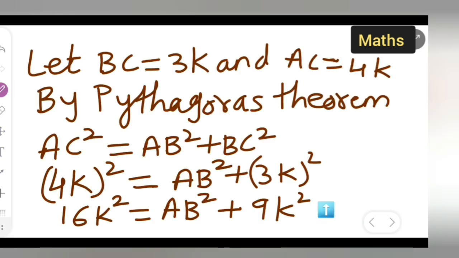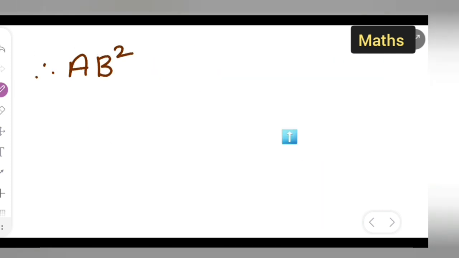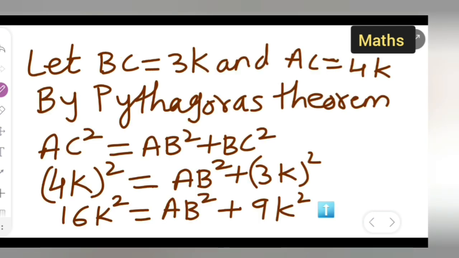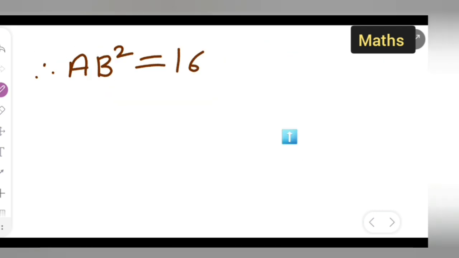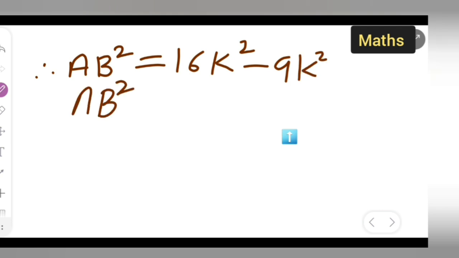Therefore, AB square is equal to 16K square minus 9K square. Subtracting, 16 minus 9 will give you 7K square.